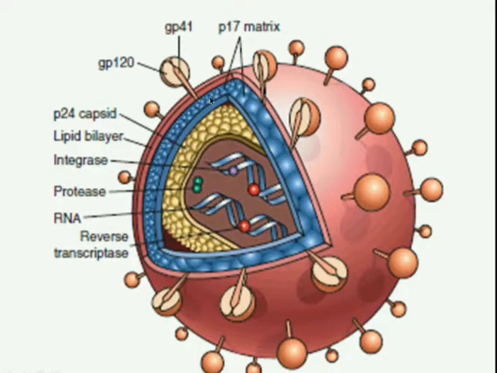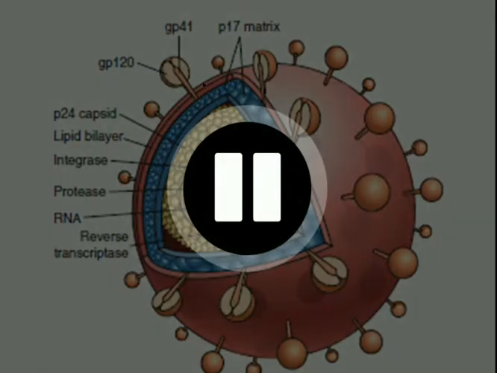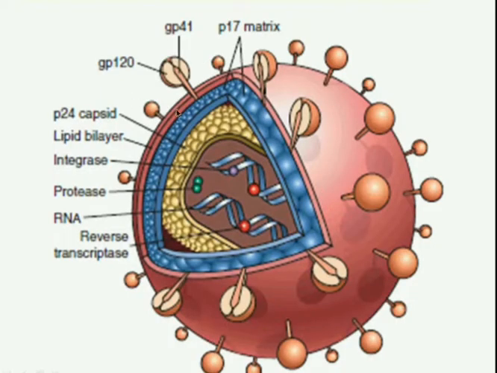The ENV gene codes for GP160, which is cleaved in the endoplasmic reticulum into GP120 and GP41. This is very important when we see the pathology of HIV infection.